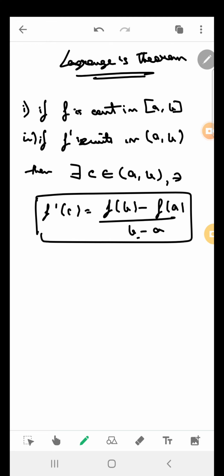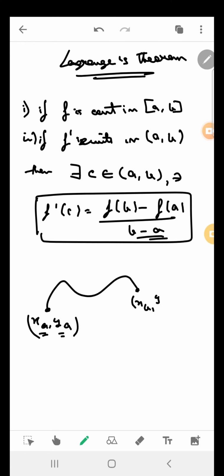Acha, carefully notice what this actually is. See, suppose we have a curve like this. This is x equals a. So basically we can write the coordinate like this: x is equal to a and y is its corresponding y coordinate. This is x_b and y_b, that is x is equal to b and y is its corresponding y coordinate.